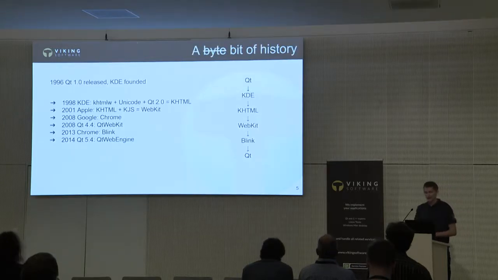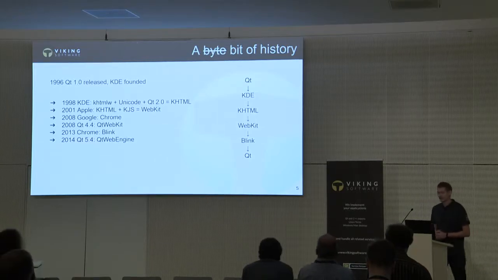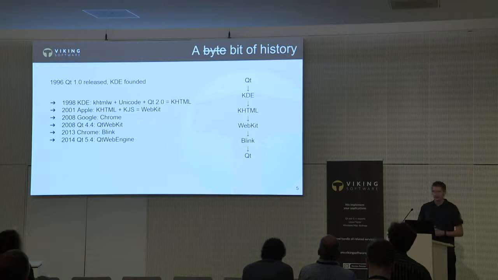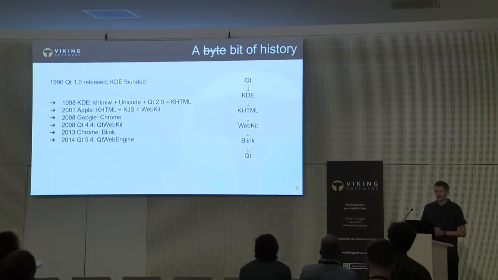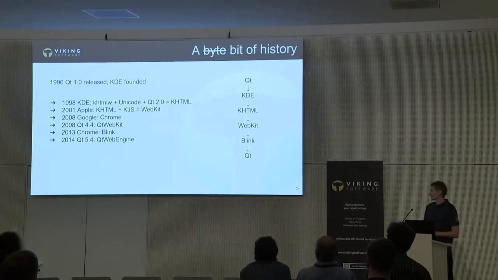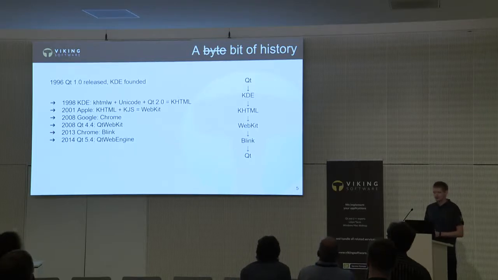But in the year 1996, the first version of Qt was released, the KDE project was founded, and in a few years after that, Apple forked some sub-projects from the KDE project and started WebKit, the base for their Safari browser. And a few years later, Google joined the party to use WebKit as the base for their Chrome web browser and the Chromium project.